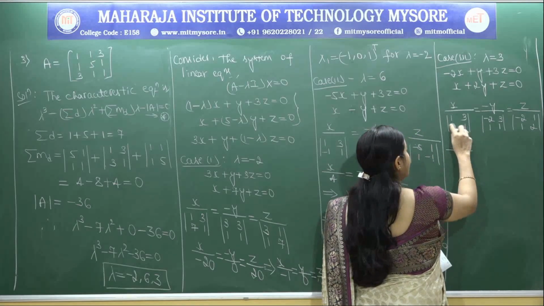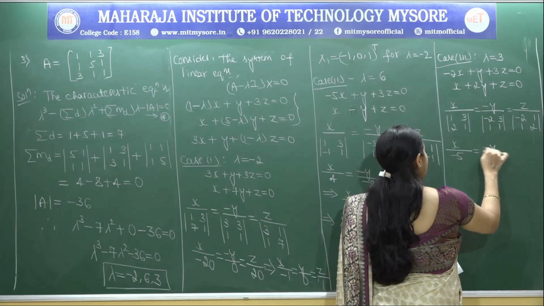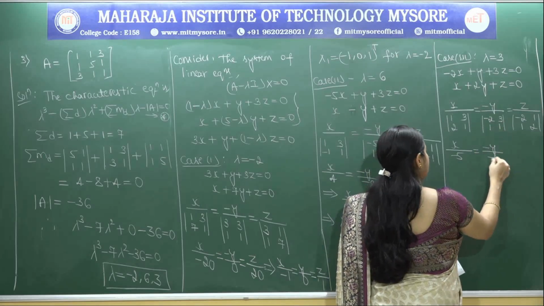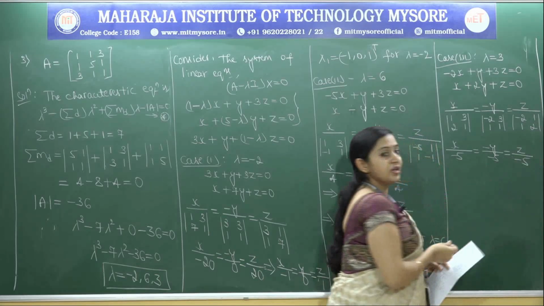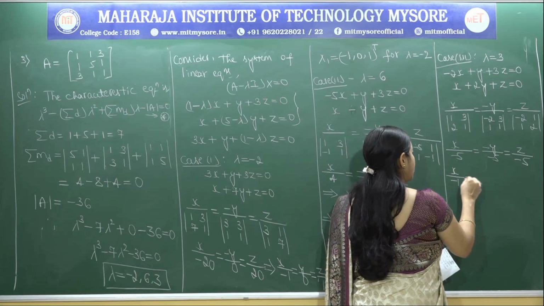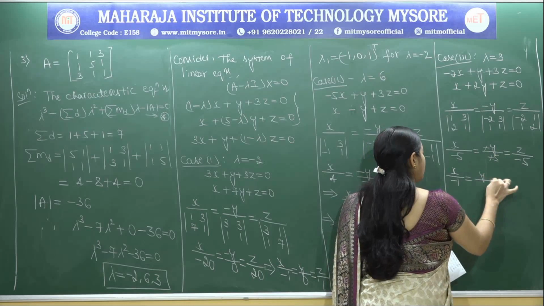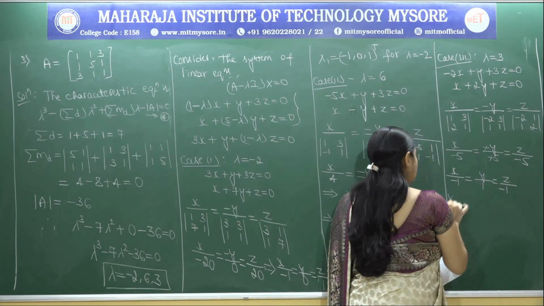So on solving, 1 minus 6, we will get the minus 5. Second one, minus 2 and minus 3, we will get the minus 5. Z divided by minus 4 and minus 1, we will get the minus 5. So on reducing this, we will get x divided by minus 1, y divided by 1 and z divided by minus 1.